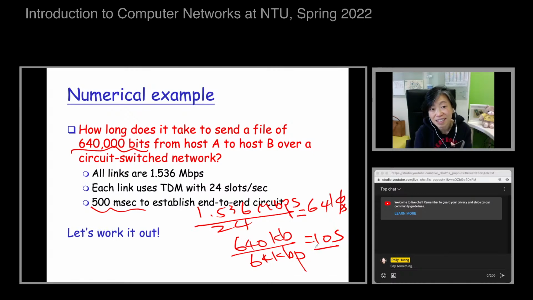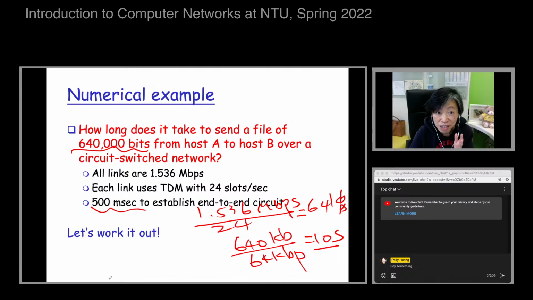So altogether, 10.5. In a circuit switch network, if each host gets only 1/24 of 1.536 to send 640 kilobits, 10.5 seconds. So that's the idea of circuit switching.